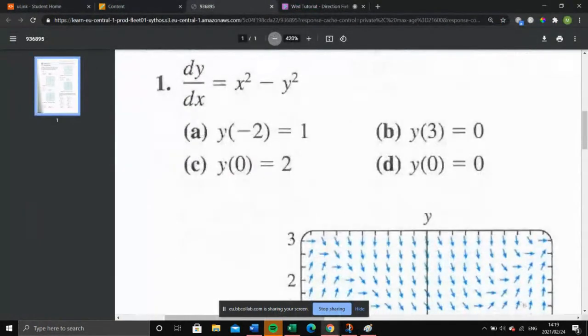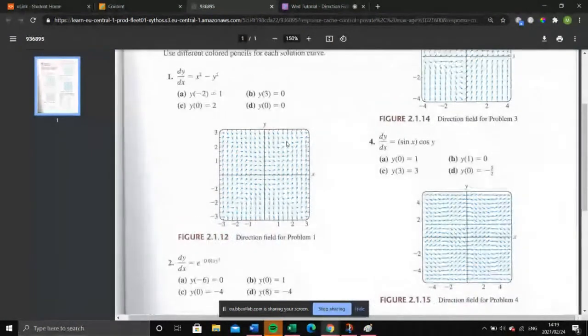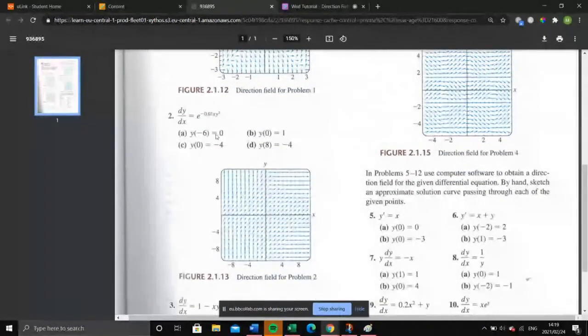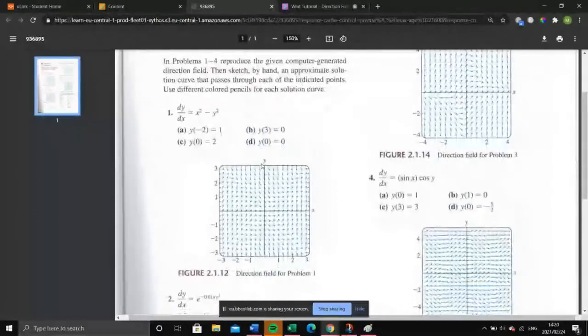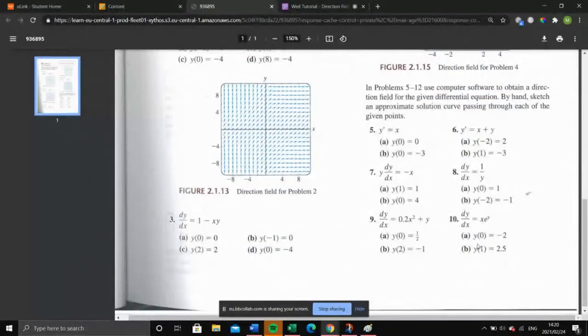Okay, so the other tutorial problems you should be fine with. Another one is a plot, and they've given you the direction field, so you do a similar thing. Then for problems 5 to 10, they say use computer software to obtain a direction field for the given differential equation.